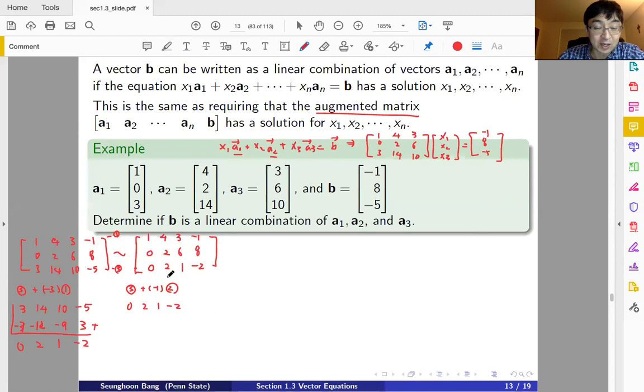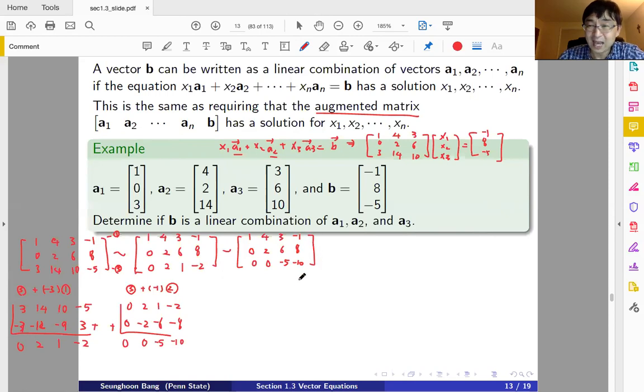The second row times minus 1: 0 is 0, 2 times minus 1 is negative 2, 6 times minus 1 is negative 6, and 8 times minus 1 is negative 8. Add, and we have 0, 0, minus 5, negative 10. So you can change it like this: 1, 4, 3, negative 1; 0, 2, 6, 8; 0, 0, minus 5, and negative 10.